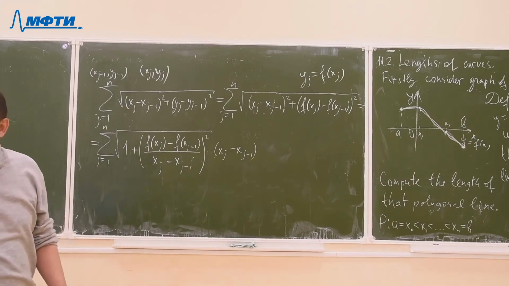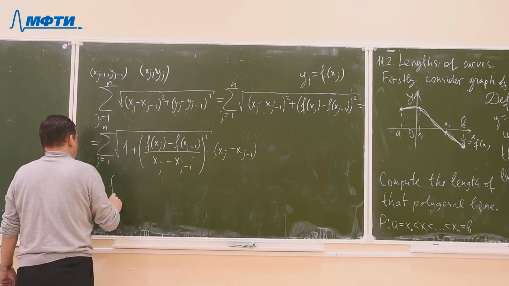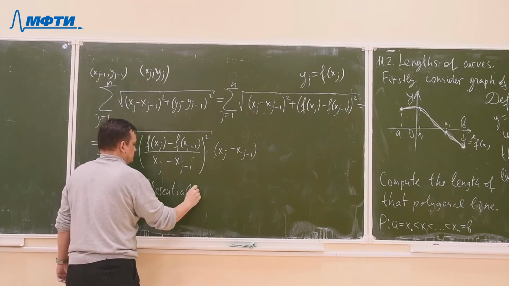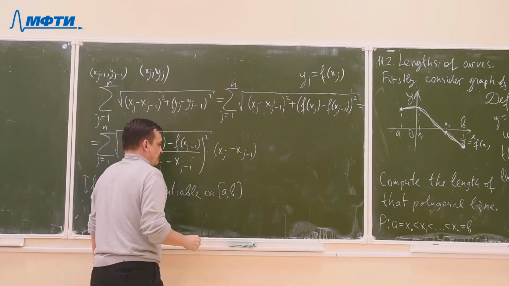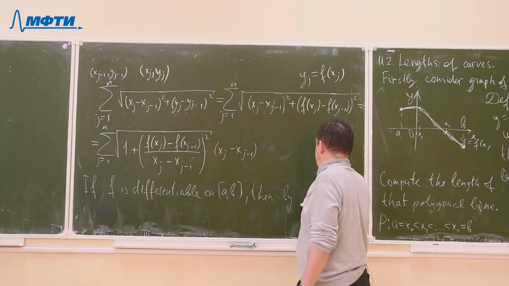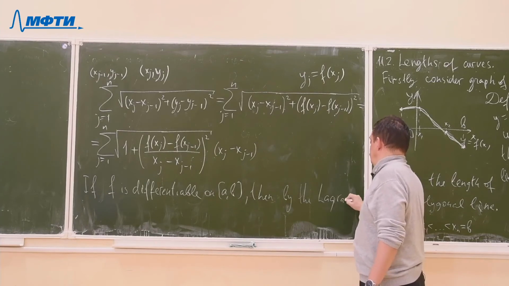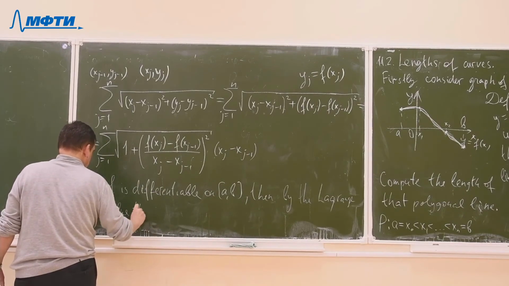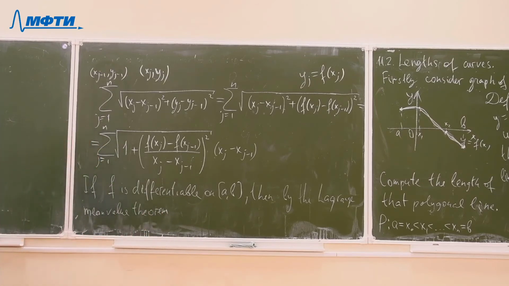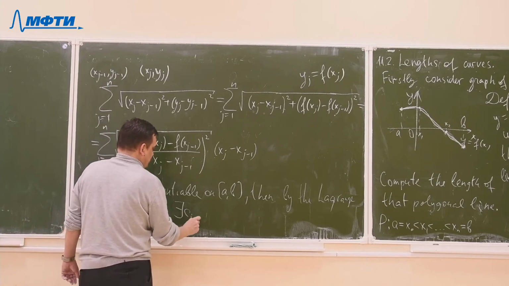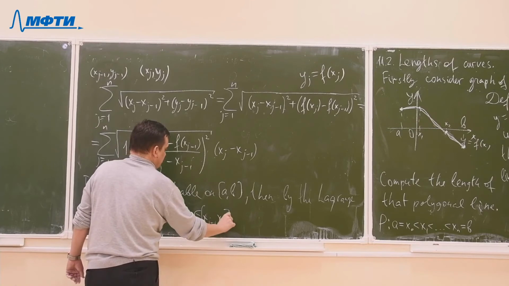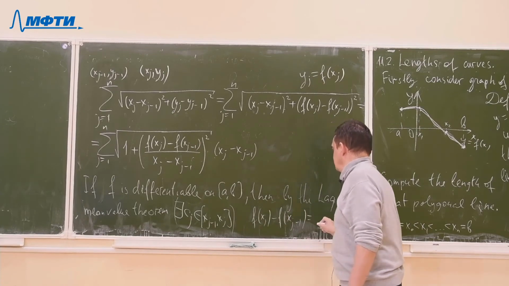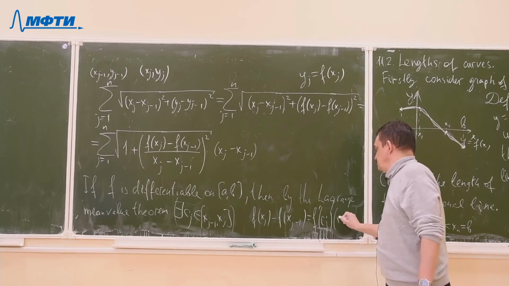Now, if the function f is differentiable on AB, then by the Lagrange mean value theorem there exists a point cj between xj-1 and xj such that f of xj minus f of xj-1 equals f prime at cj times (xj minus xj-1).